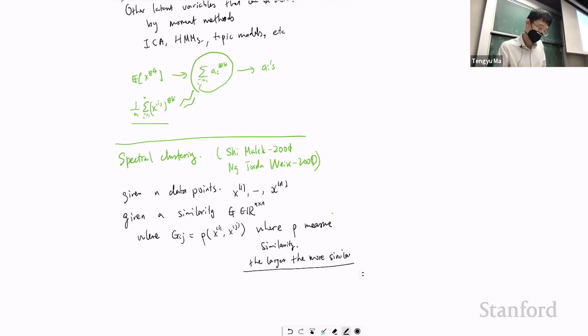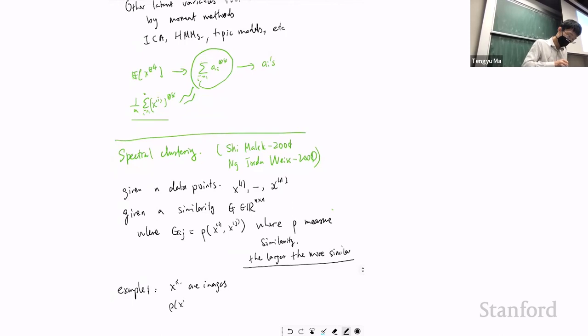So for example, one example could be that the xi's are images, and then rho of xi, xj measures the semantic similarity of the two images.